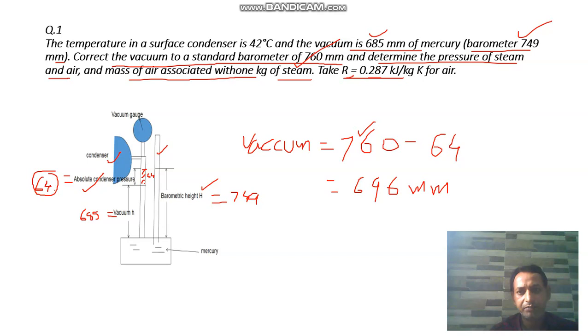Now the second part is to find out the pressure of the steam and air, because this condenser consists of steam as well as some part of air, as the problem says.